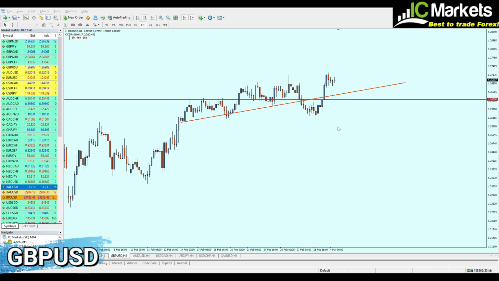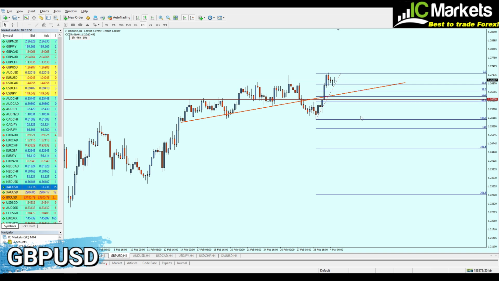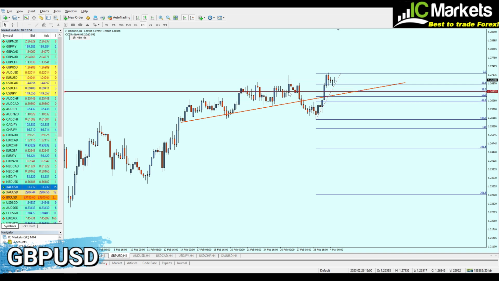So if we apply the Fibonacci retracement on the recent pattern only, most likely, yes, guys, we can buy the pound USD right here exactly at Fibonacci 38.2 when the market continues the retracement. Right here also complies with the previous support trend line.